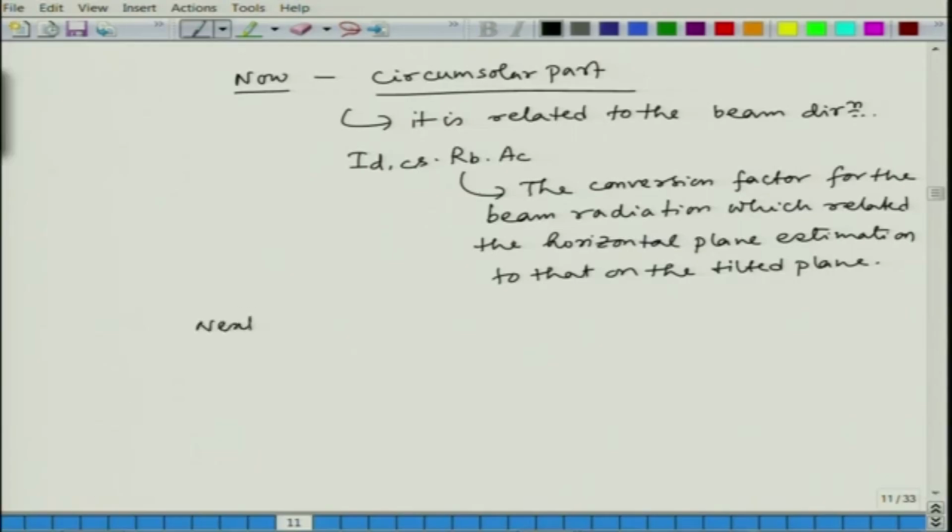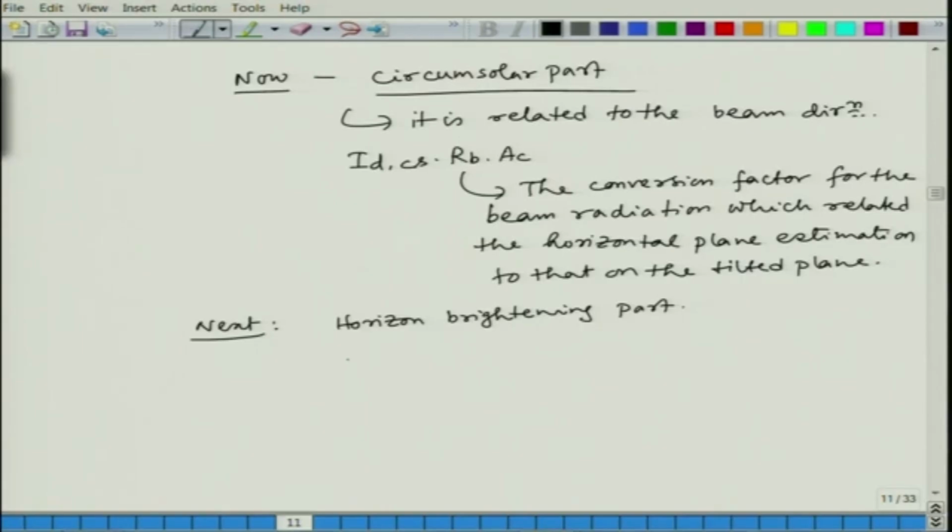Next, the horizon brightening part. Okay. Again, just like the isotropic part of the diffuse radiation, we will use the view factor correlation, because again it does not have a direction specific value.